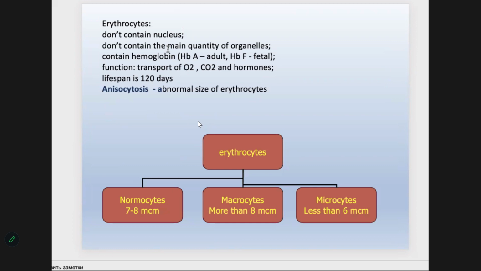Hemoglobin is a complex chemical substance and consists of two main parts, as you know. Heme is the iron-containing part, and globin is the protein-containing part.